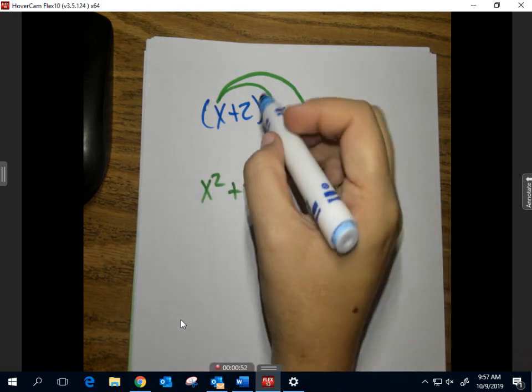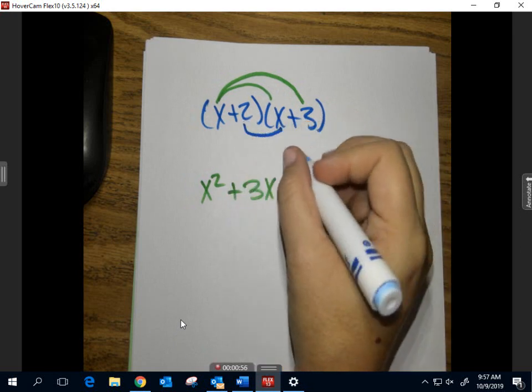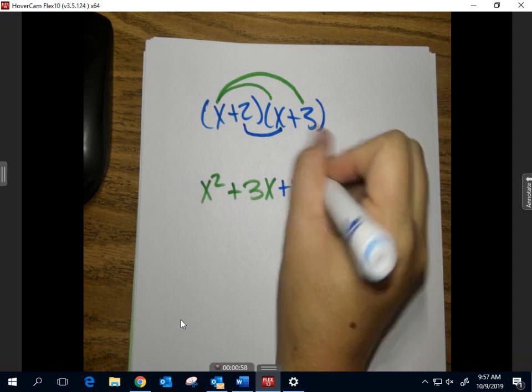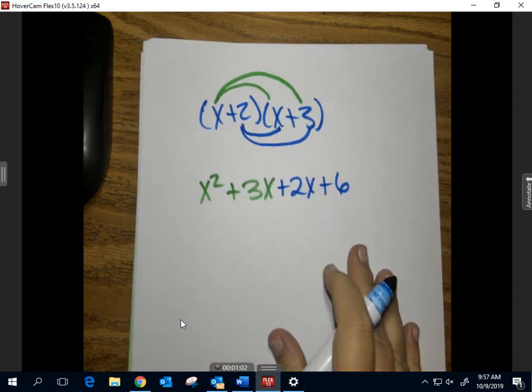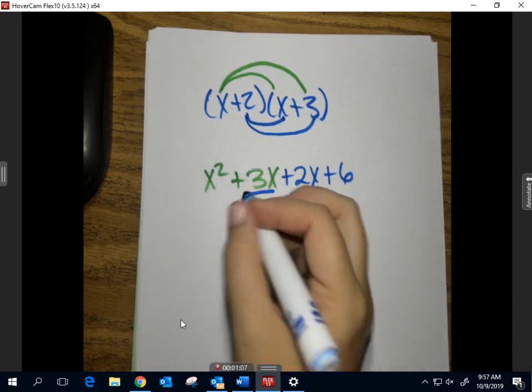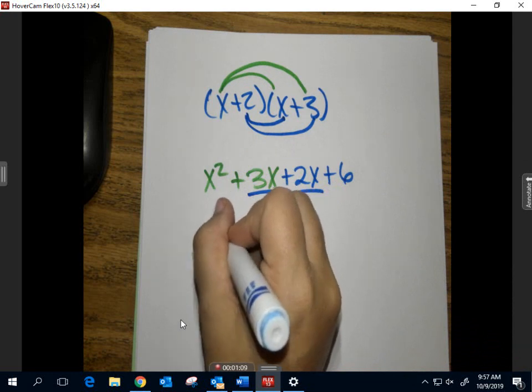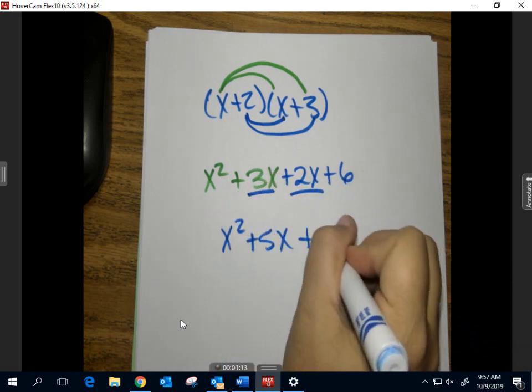And then I did the same thing with the 2. I distributed it to the x, so 2 times x is 2x, and then 2 times 3 is positive 6. And then I had those like terms in the middle here, correct? So that gives me x squared plus 5x plus 6.